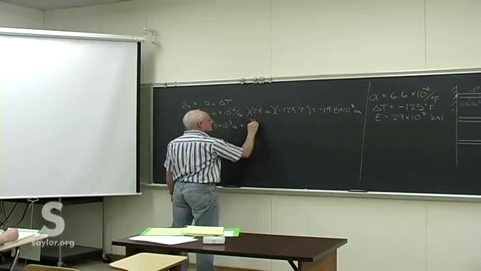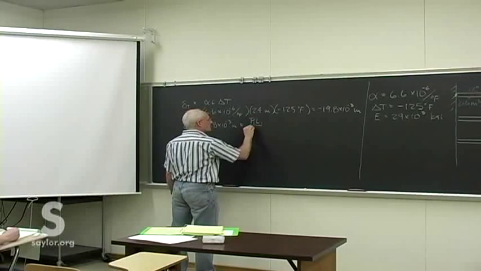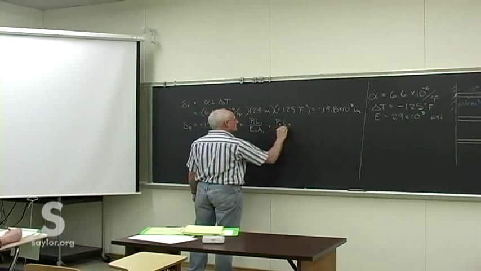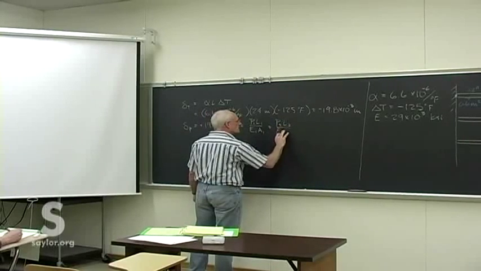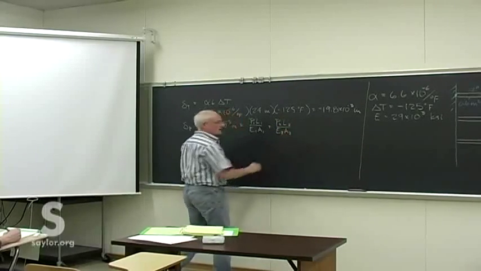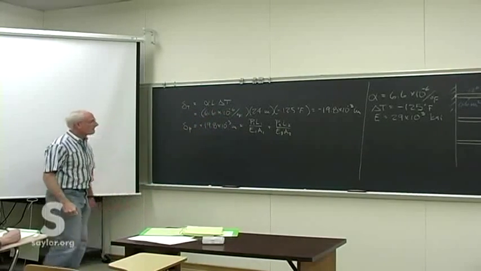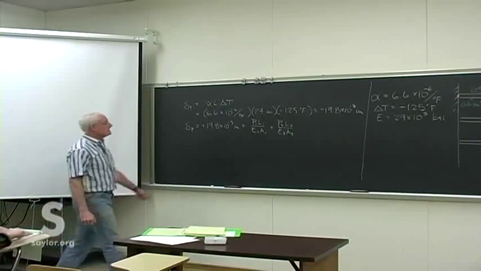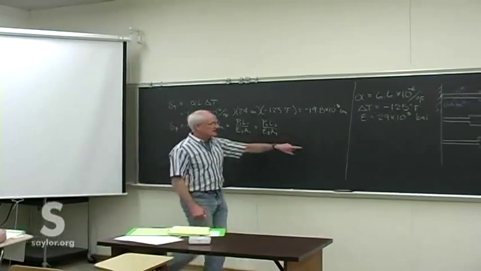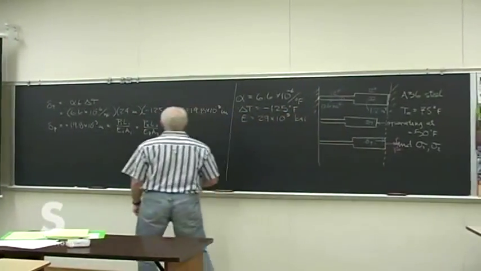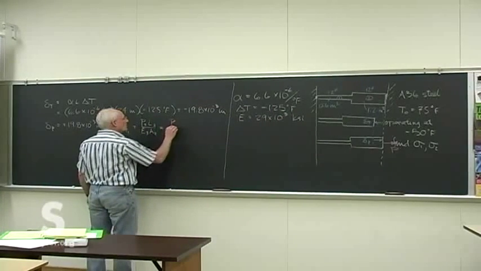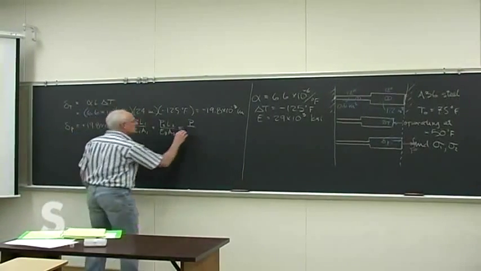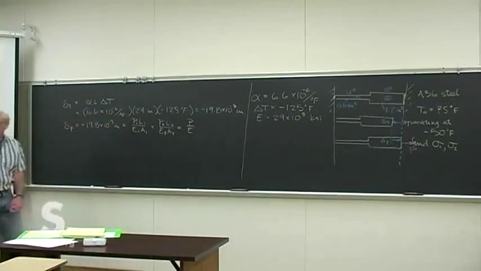This time we do need to figure out what the two contributions are because of the two different cross sections of the pieces themselves. Now that P, the P1 and P2, is actually the same throughout the piece, and it's just this reaction support we're looking for. So we can pull that out in front. The E1 and E2, it's the same material, so we'll just drop the subscript on that and pull that out in front.